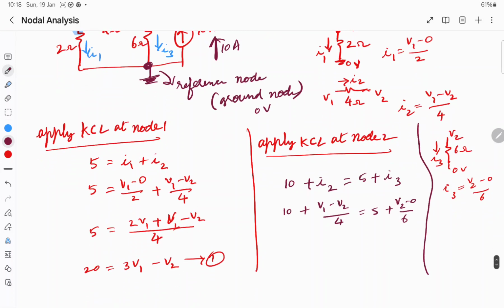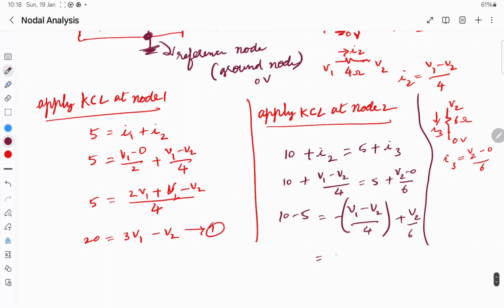Right, so bring the 5 to the left side. It becomes minus V1 minus V2 by 4 plus V2 by 6. Take the LCM, it becomes 24. This is 5.